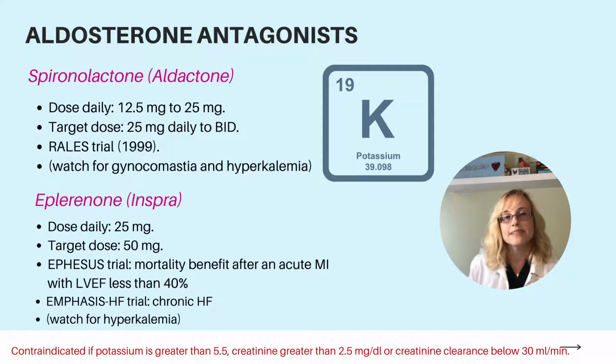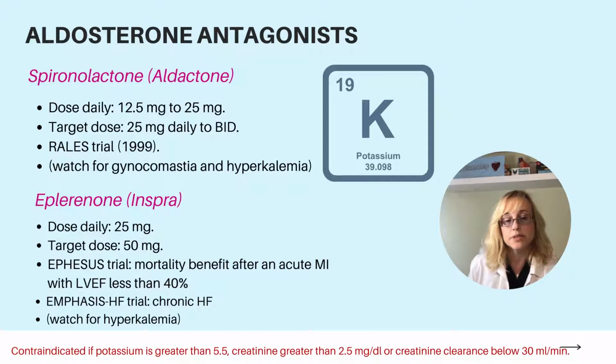Aldosterone antagonists are potassium-sparing medications that block the effects of aldosterone. It was the RALES trial that first recognized the mortality benefits of spironolactone. These patients had an ejection fraction of less than 35% and were already on an ACE inhibitor, loop diuretic, and in some cases also digoxin.